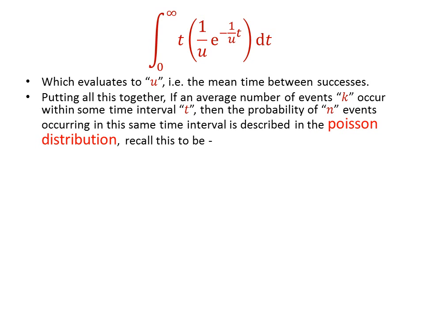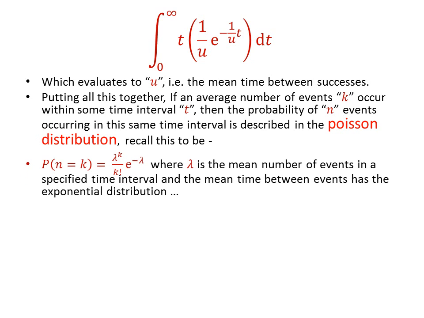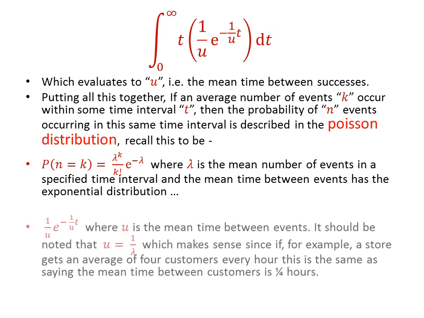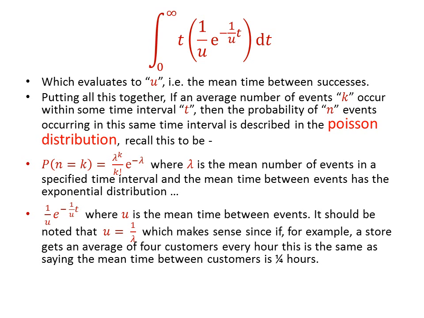Putting all this together, if an average number of events k occur within some time interval t, then the probability of n events occurring in the same time interval is described by the Poisson distribution, recalling that to be given here, where lambda is the mean number of events in the specified time interval, and the mean time between events has the exponential distribution, which we just found, where u is the mean time between events.